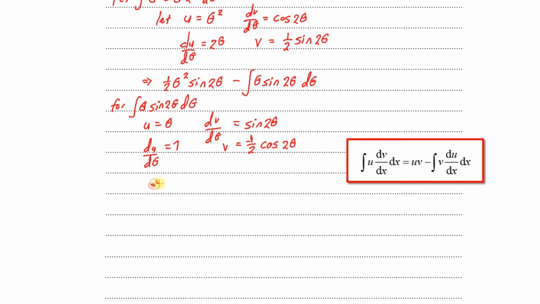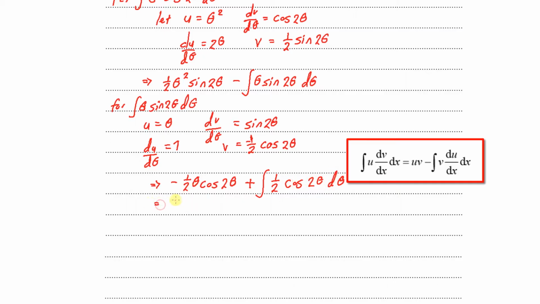So we're going to get uv, which is minus half theta cos 2 theta, and that's minus the integral of v and du by d theta, which is minus, so I'll put a plus here, of half cos 2 theta d theta.